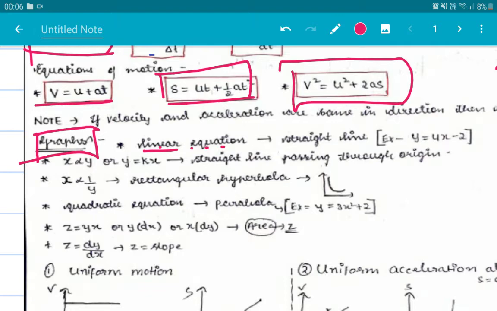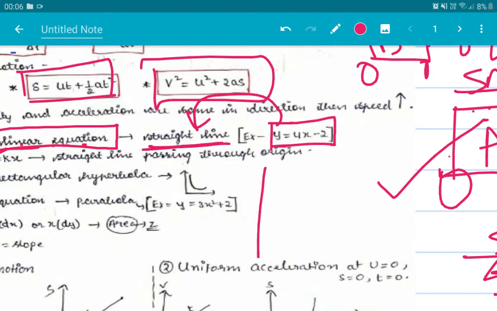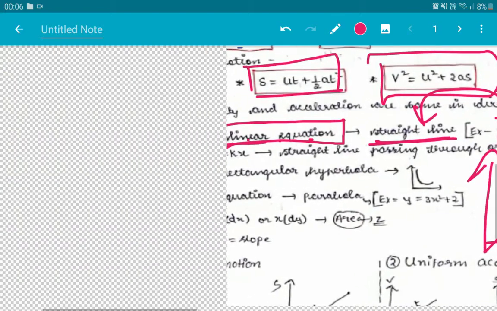If a linear equation is given to you, like y is equal to 4x minus 2, then your graph will be a straight line like this. It's a straight line, there is no deviation.